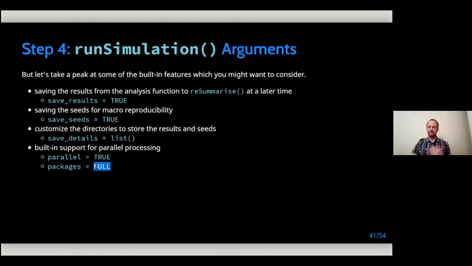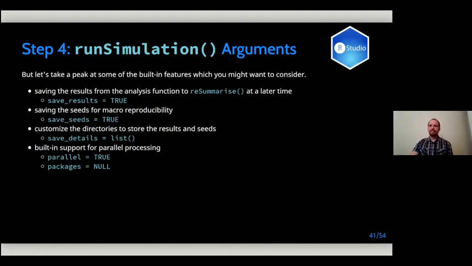So what you do is you just have a character vector. If I use the broom package to use the tidy function, and I'm going to need that in each one of my analyze functions, I can set up a character vector that says broom, or any of these other packages I might need, and SimDesign will make sure that each one of those nodes has access to those libraries, make sure they're loaded, so you're not going to get an error flagged for yourself. Super handy. Just can't even talk about that enough.